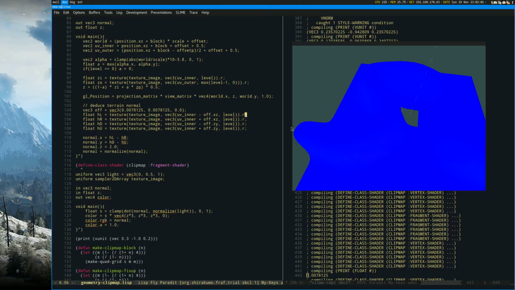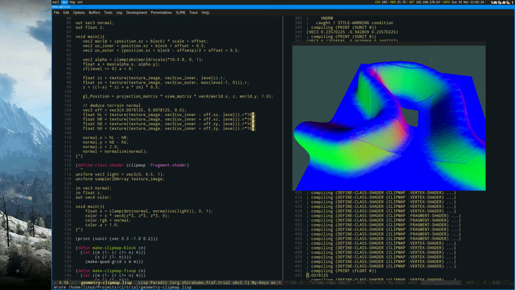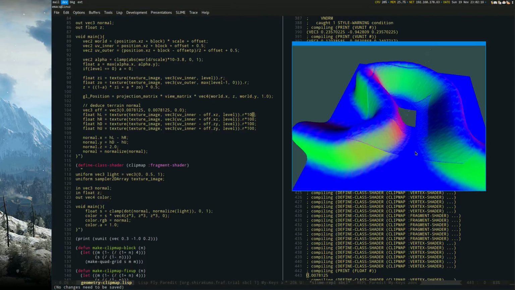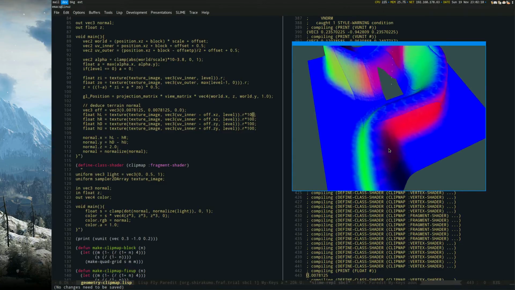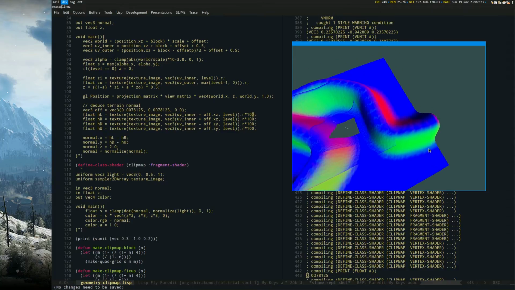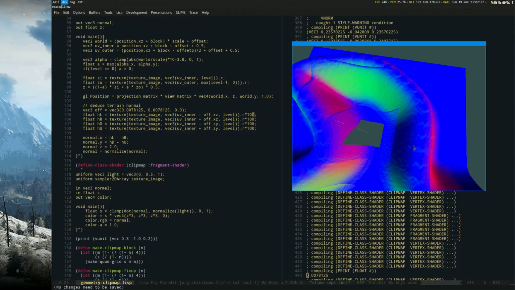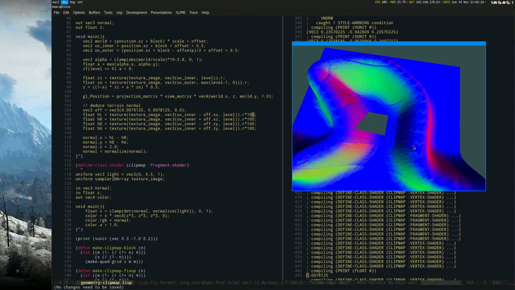I need to make this something like this. Okay. Alright, now we're getting somewhere, question mark. Still weird, but... I already do.